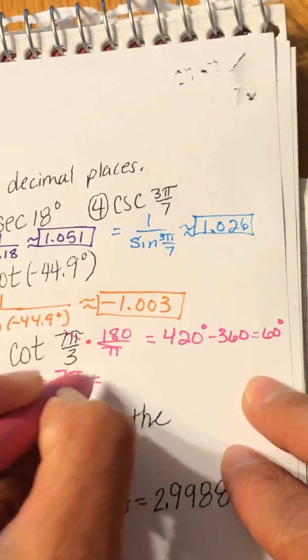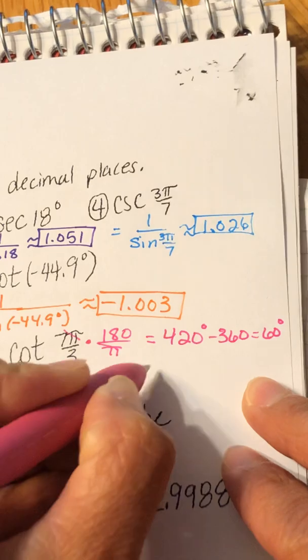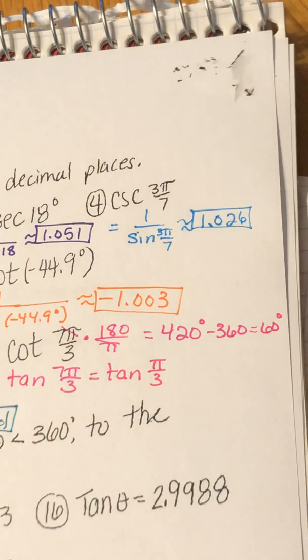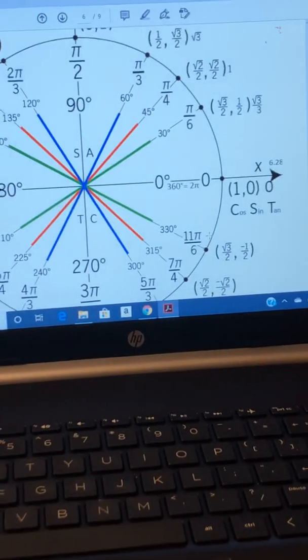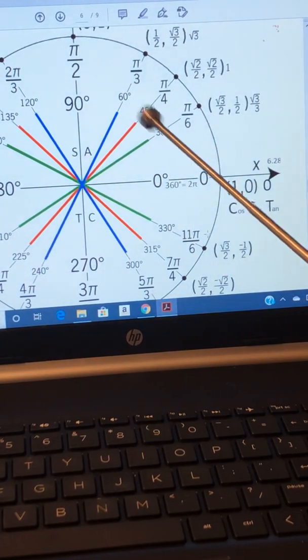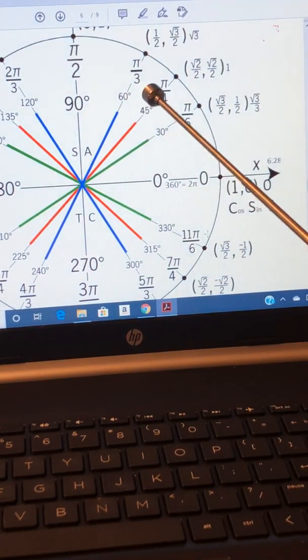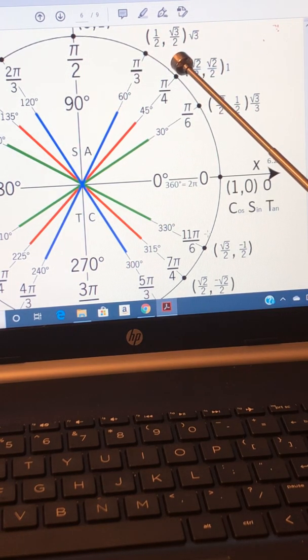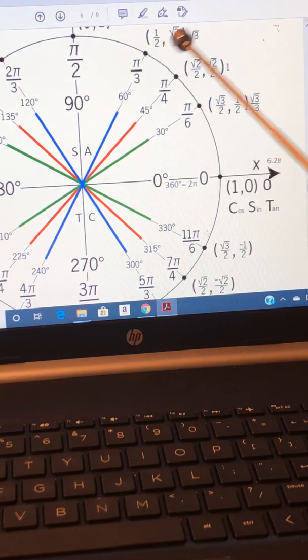So tangent of 7 pi over 3 is the same as tangent of pi over 3. Let's take a look at that. On our unit circle, pi over 3, I'm going to use this pointer my husband has. Pi over 3 is right here, and so the cosine is 1/2. The sine is square root of 3 over 2. So the tangent would be sine over cosine.